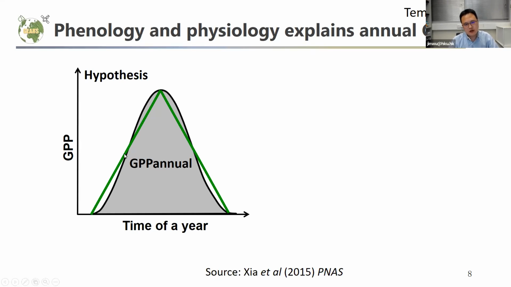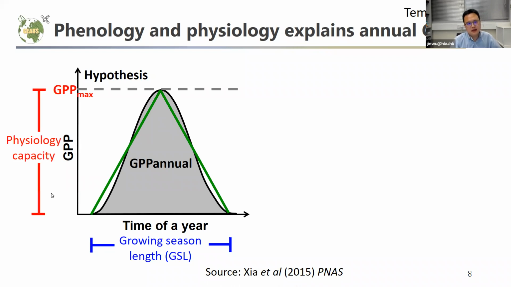And we know in the green triangle there are two key biological factors. One is the growing season length, and the other one is the maximum photosynthetic capacity, which is the indicator of the physiological capacity at the ecosystem scale.